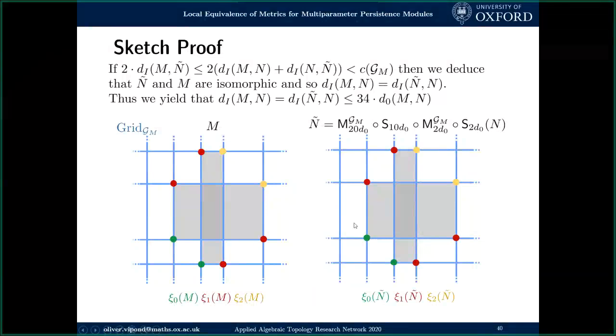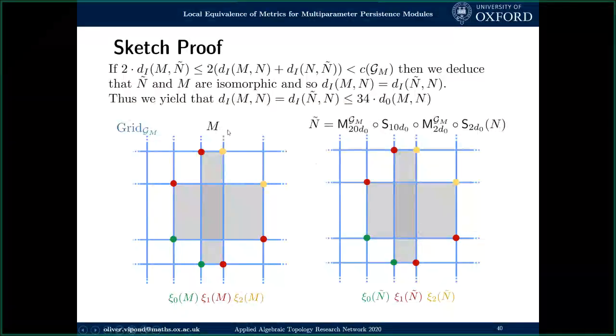Now the nice thing about this grid is we know how the modules behave if we stay within the same cell of one of these grids, because all of the morphisms within the same cell are isomorphisms. Because we don't pass the grade of any generator or relation, the maps of vector spaces here all have to be isomorphisms.